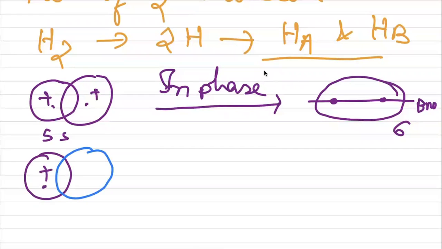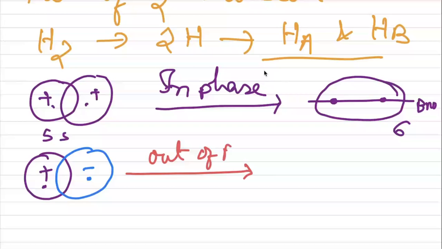This is positive. This will be negative. So here the interaction will take place out of phase because one wave function is positive and another wave function is negative.